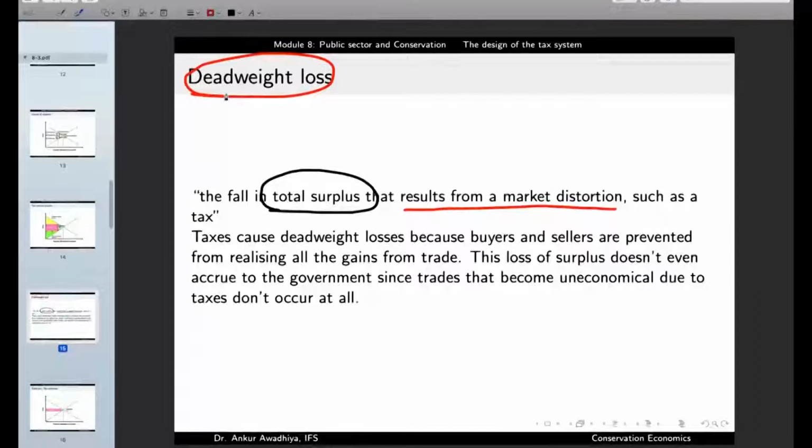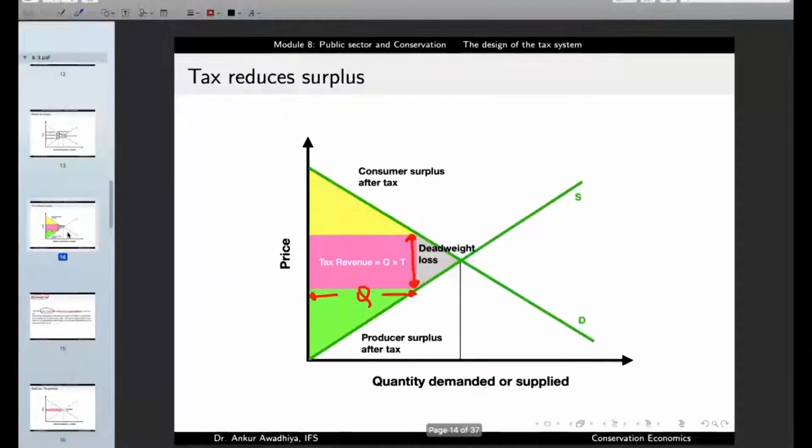deadweight loss. Now, taxes cause deadweight losses because buyers and sellers are prevented from realizing all the gains from the trade. Now, all the gains from the trade would mean this total surplus that was accruing to the buyers and the sellers earlier. So, this was the total surplus that was being accrued earlier, but because of this deadweight loss, now there is a reduction in the surplus.